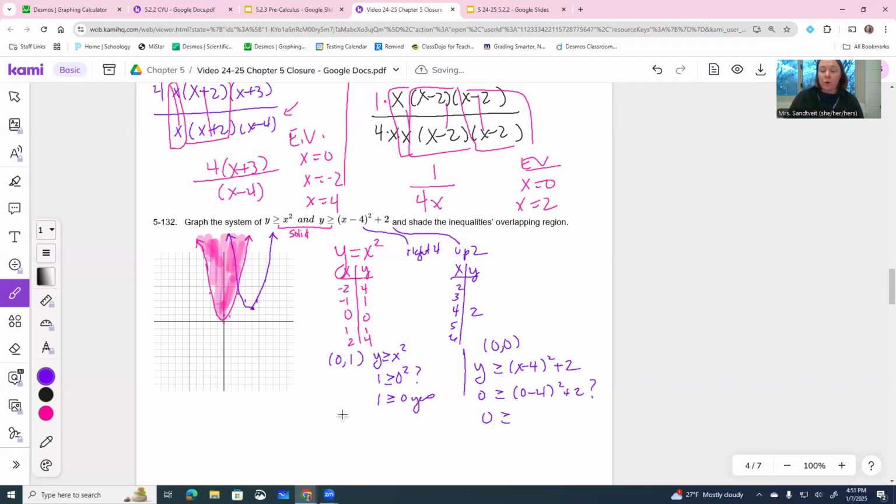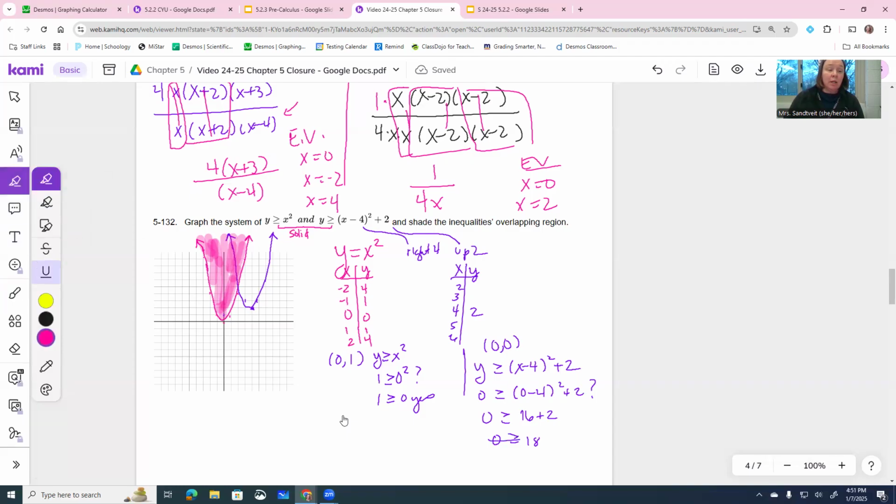So this is negative 4 squared, that's 16, plus 2. So is 0 bigger than or equal to 18? No. So what that means is when I shade, I do not want to shade on the side with the 0. So for this purple graph, I don't want to shade where the 0 is, so nothing on the outside. I want to be on the inside of this parabola.